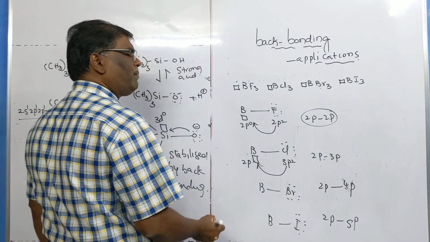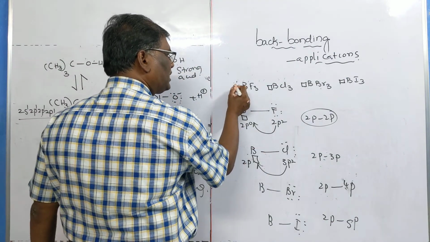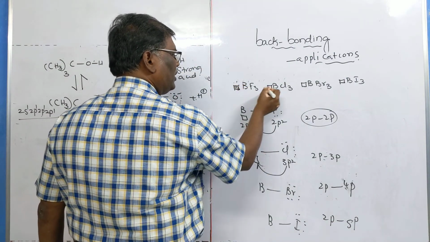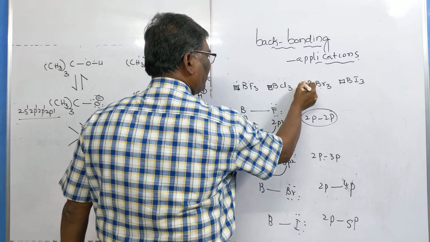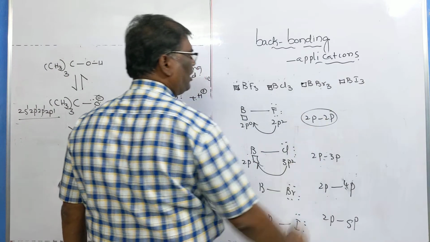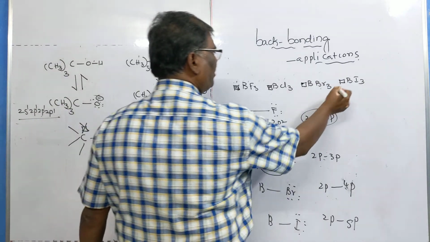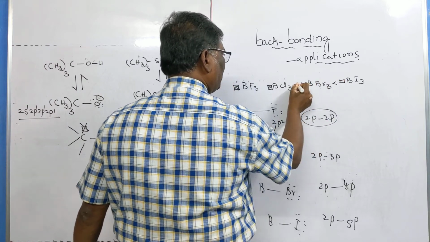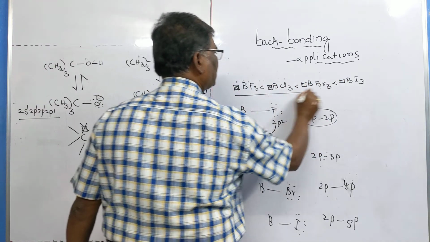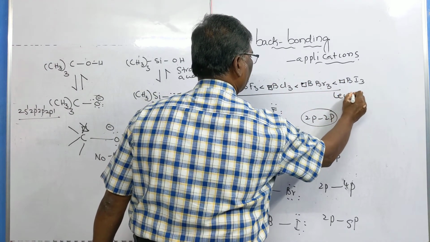So the ability of back bonding decreases. So this is almost closed, this is somewhat closed, it is almost empty. So in which one is more vacant orbital available? This one, compared to this one. So this is the Lewis acid strength.